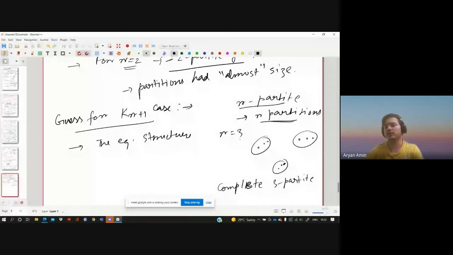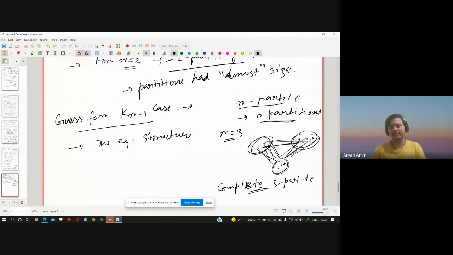So for r equals 3, for example, you have 3 partitions here with some vertices in each. For it to be a complete three-partite graph, you need to have all possible edges drawn. You cannot have any edges between vertices of the same partition, and for it to be complete you have to draw all other possible edges.